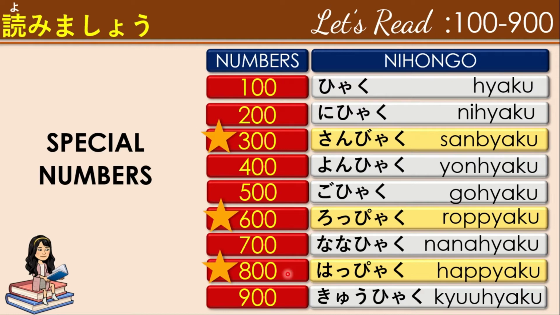And the next special number is 800. Instead of saying hachiyaku, you will say hapyaku. Remember that from 100 to 900, we have 3 special numbers. You may pause this part of the video to familiarize and repeat if needed.